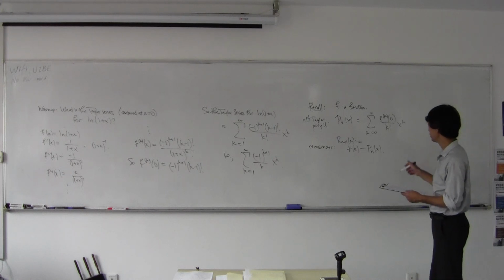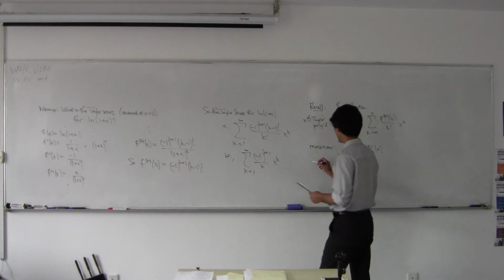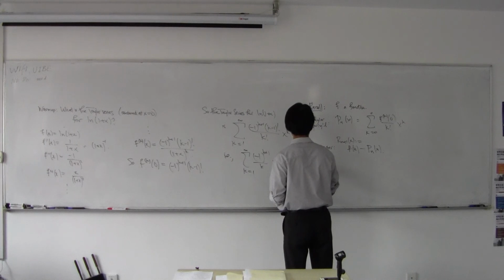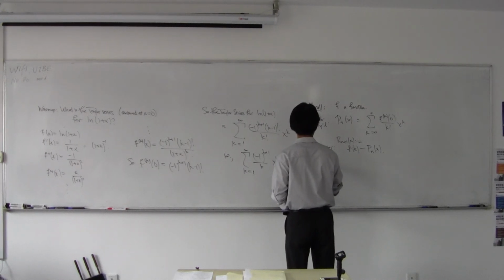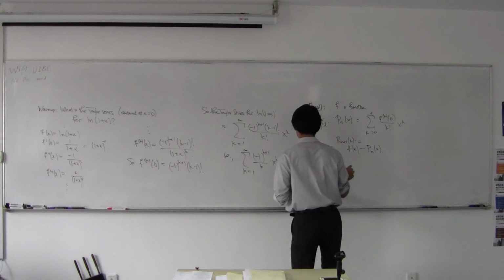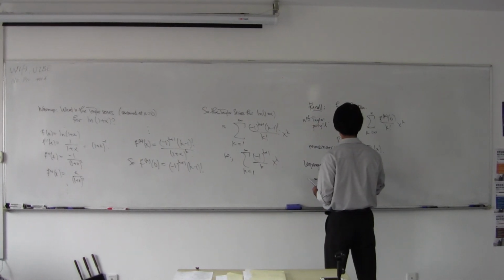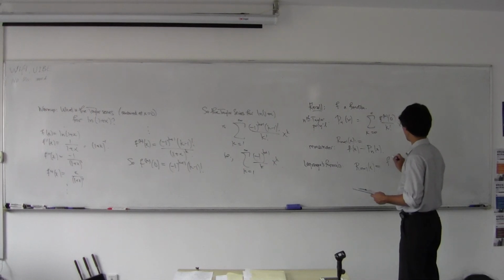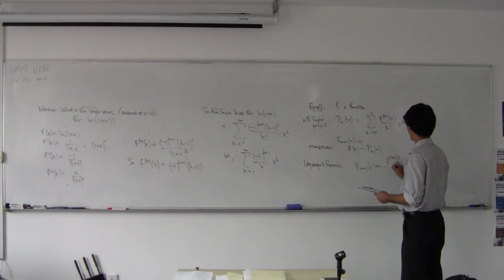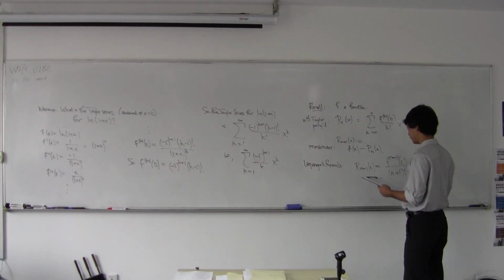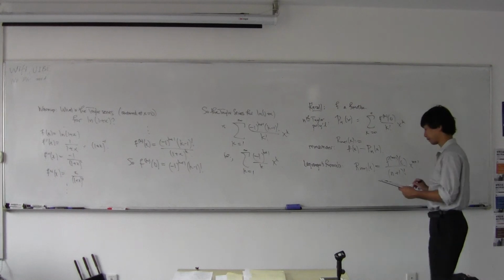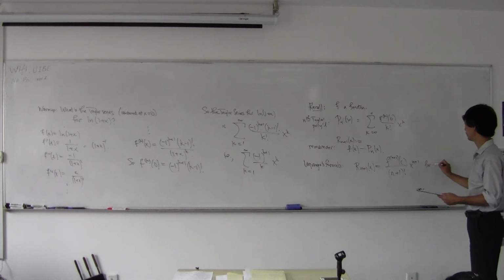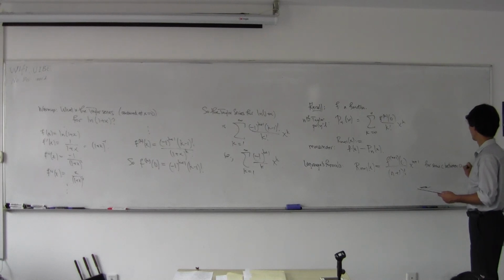Okay. And what we said was that we had this formula, Lagrange's formula, that said that the remainder actually turns out to be the n plus 1 derivative evaluated at some point c over n plus 1 factorial times x to the n plus 1, for some c between 0 and x.